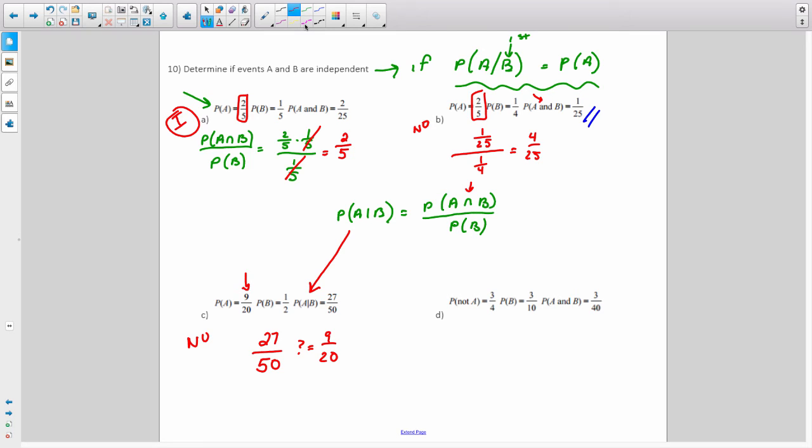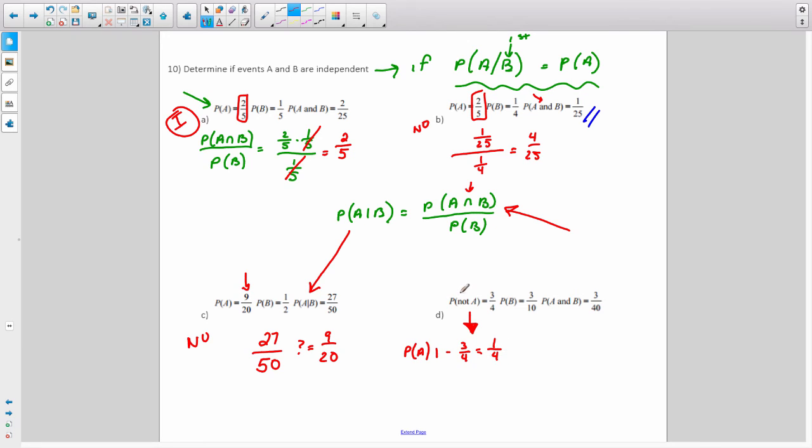So for question D, I've got the probability of not A, someone's being very sneaky here, probability of B, and the probability of A and B. All right, how's that going to help us? I need to know the probability of A intersect B. Well, this is beautiful because to figure out the probability of A, we're going to do 1 minus the probability of not A. And that gives us 1/4.